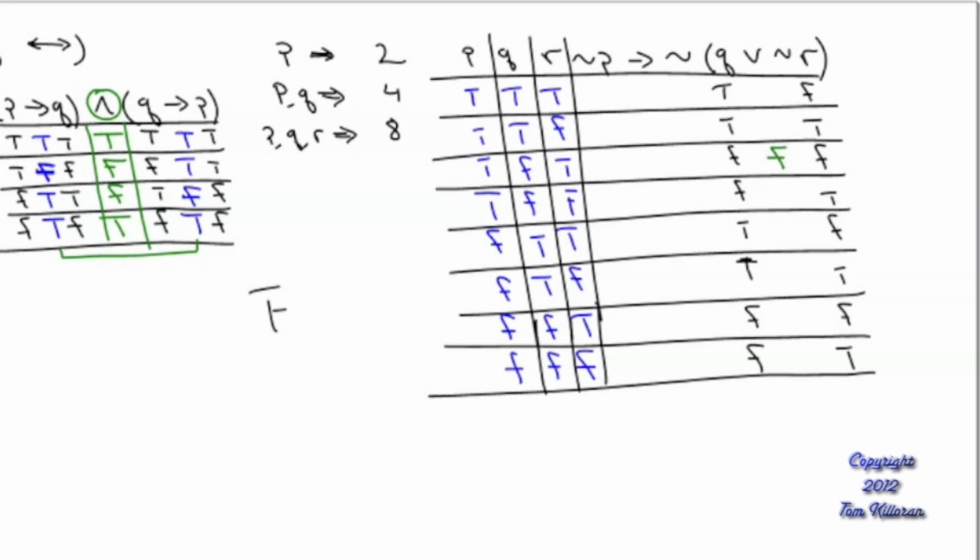Is that the only one that's false? No. There's this one way down here too. So don't just be looking for one of them. Look for all possible, and then say the rest of them must be true. So true, true, true, true, true, true. Yay! That's the answer to my parentheses.